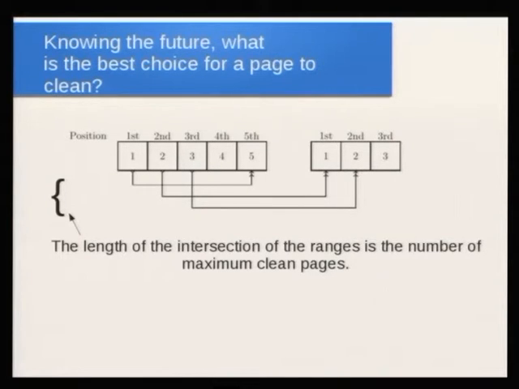So the length in this direction of the intersection of these ranges is the maximum number of clean pages, right? The point at which this is highest, the number of pages from that point below, is the maximum number of clean pages.